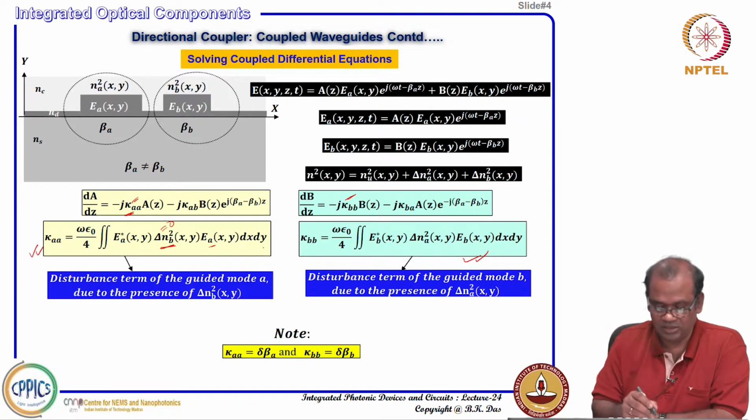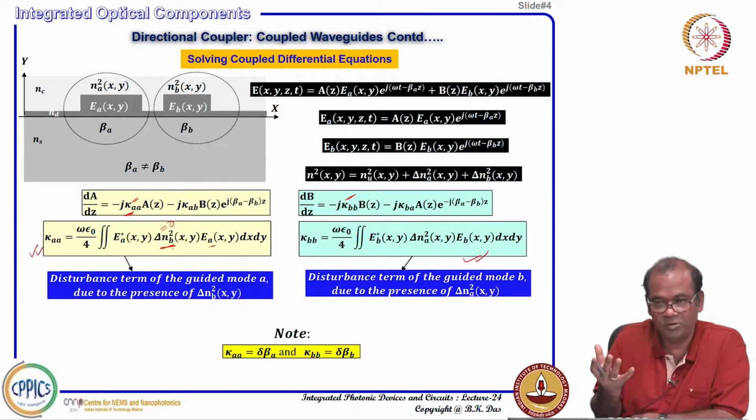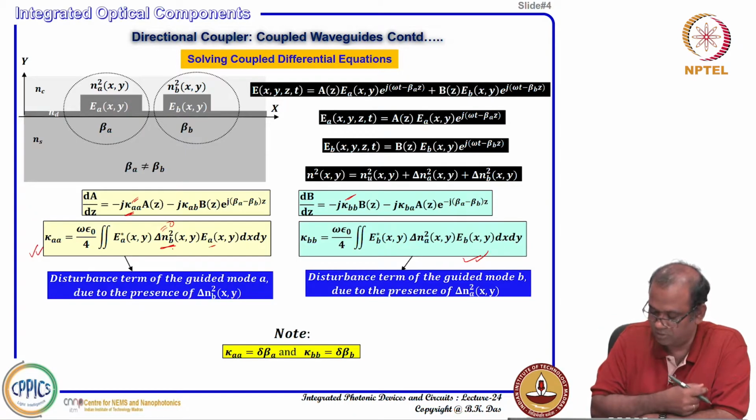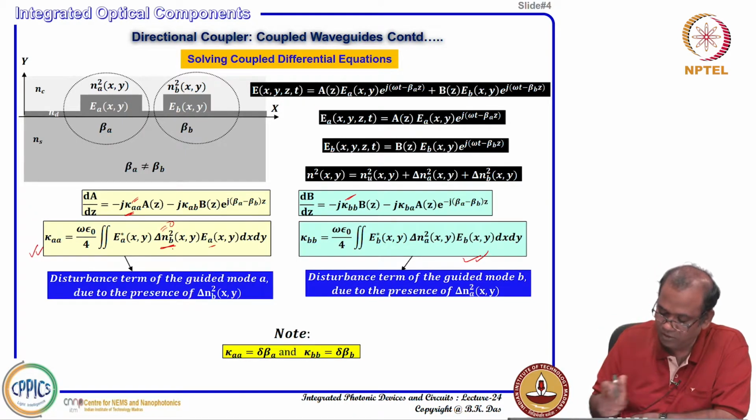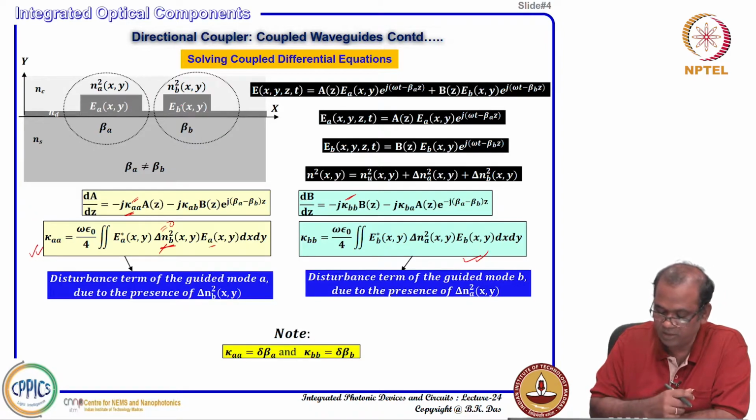We assume that once we know the field distribution in waveguide B and waveguide A, which are individually simulated using your full vectorial solutions or whatever mode solver you use, and once you know delta NB square and delta NA square, in the vicinity where waveguide A and waveguide B are mutually interacting, then you will be able to compute these two.